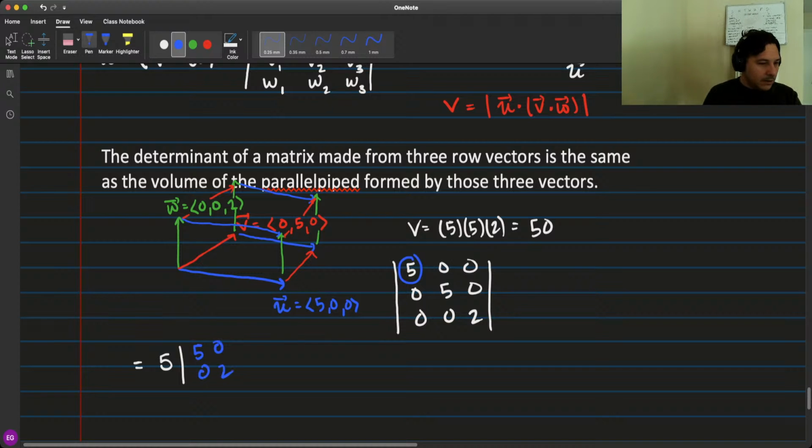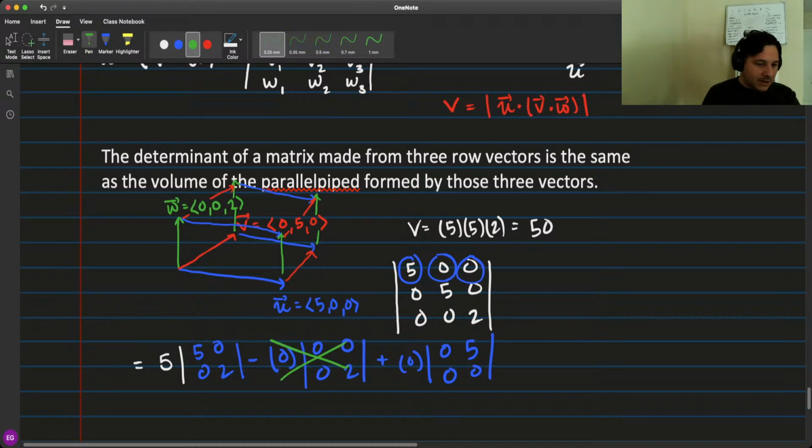There we go. And then minus, you start with this 0. The matrix you get is 0, 0, 0, 2. And then plus that 0, 0, 0, 5, 0.